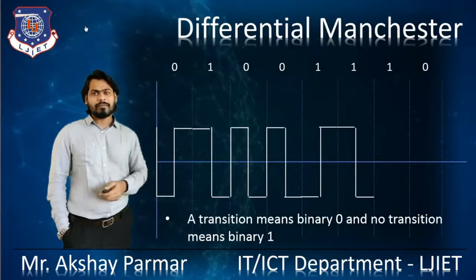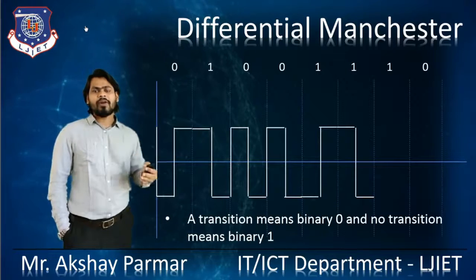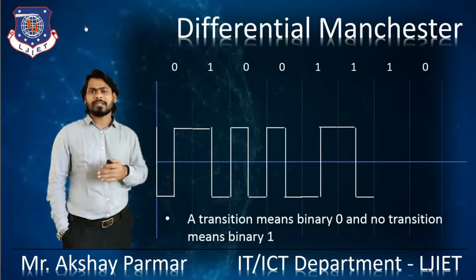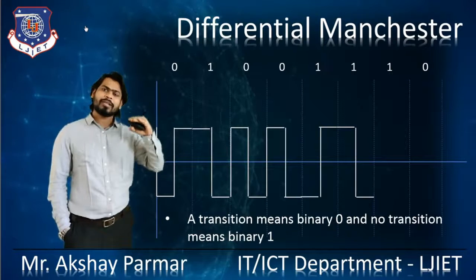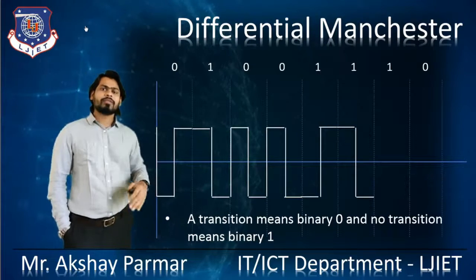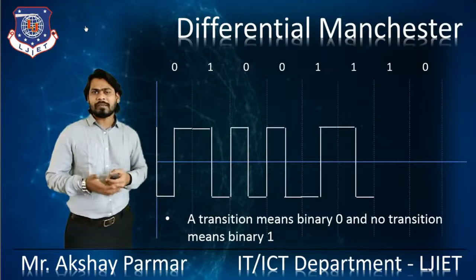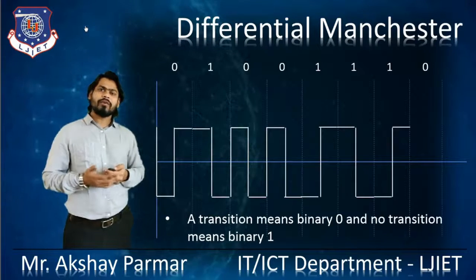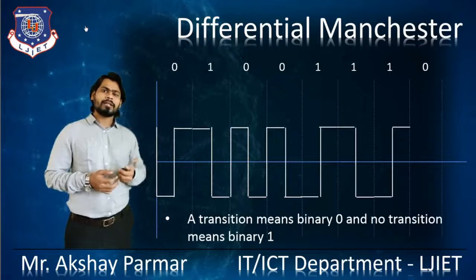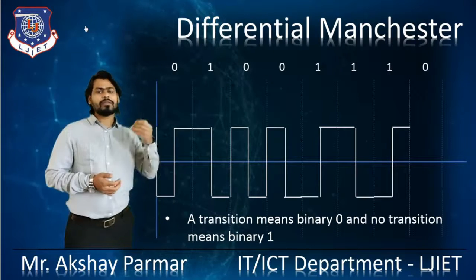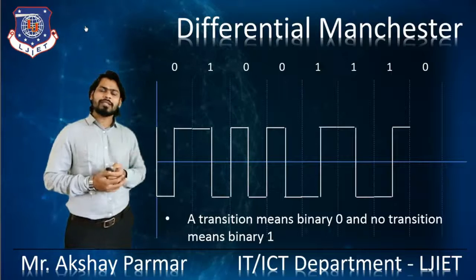We will follow the same rule, the inversion of the previous transition. The previous bit is represented by the positive voltage to the negative voltage transition, so we will follow the negative voltage to the positive voltage transition to represent that bit.